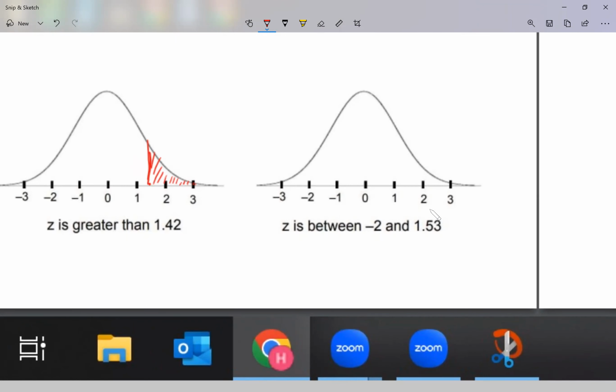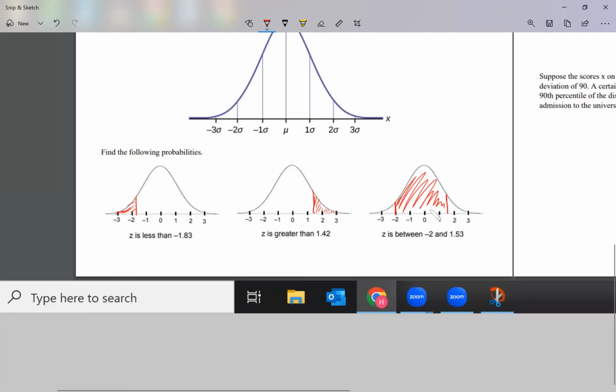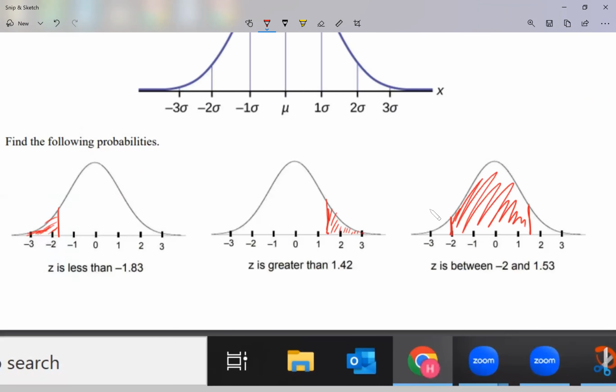And then my Z is between negative 2 and 1.53. 1.53 is about here. So for today, we're going to see that the probability is our area. Our area is either to the left, less than; to the right, greater than; or in between two values.